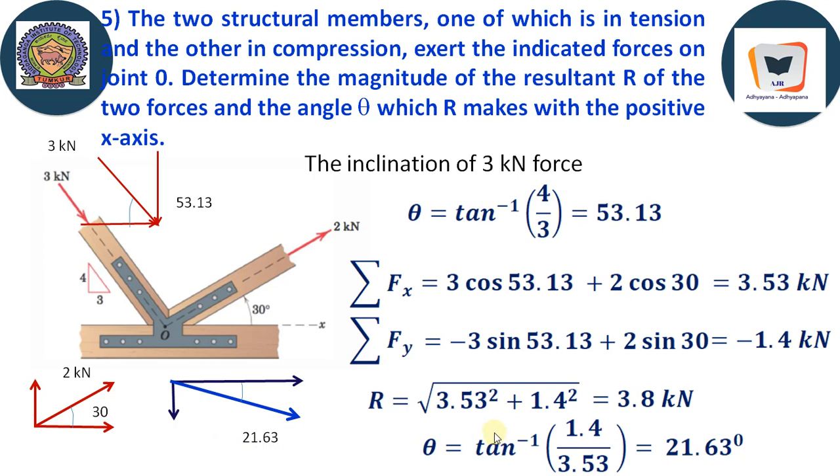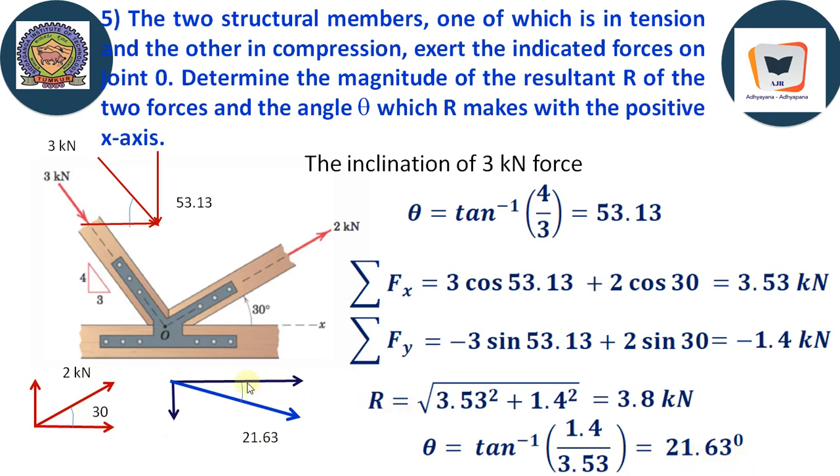The resultant is square root of 3.53 square plus 1.4 square, which will give us 3.8 kilonewton, and theta is tan inverse of sigma Fy divided by sigma Fx, that is 1.4 divided by 3.53. We will get an inclination of 21.63 degrees in this direction from the positive x-axis, but to make a roundabout we need to find 360 degrees minus 21.63 degrees.